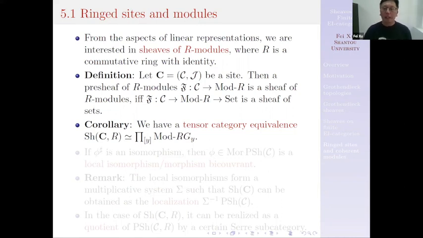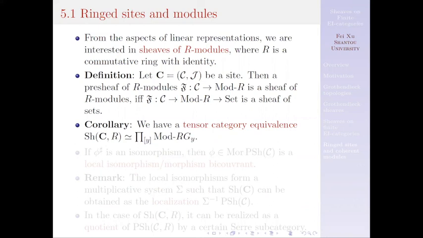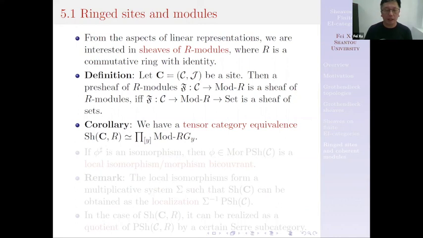The topology is a kind of constraint that picks out certain functors from the pre-sheaf category, and then we can get this equivalence. If you remove the dense topology, then we don't have such an equivalence.